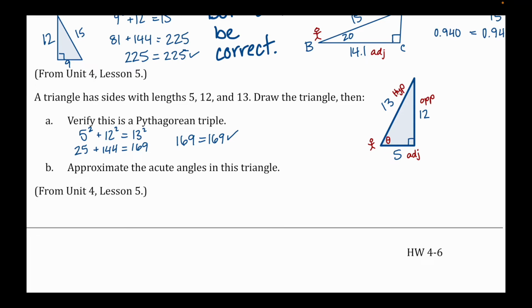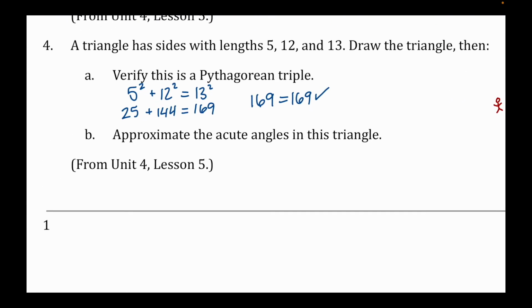So let's do, I like to do opposite over hypotenuse for sine. I know the last time we did one of these, I think I used adjacent. Or you know what? We can even use opposite over adjacent and get some tangent going on here.